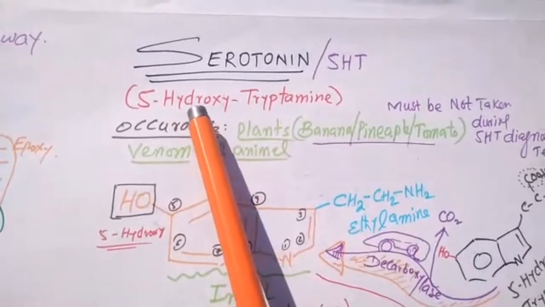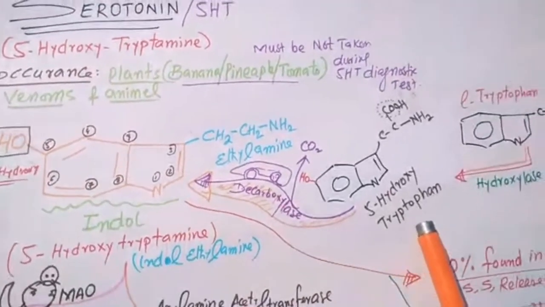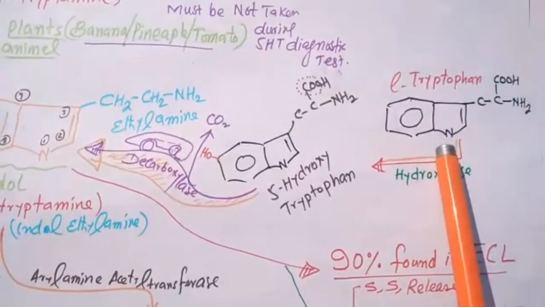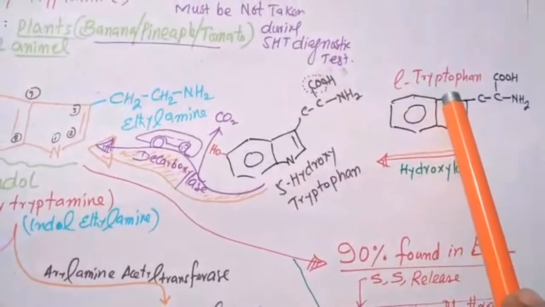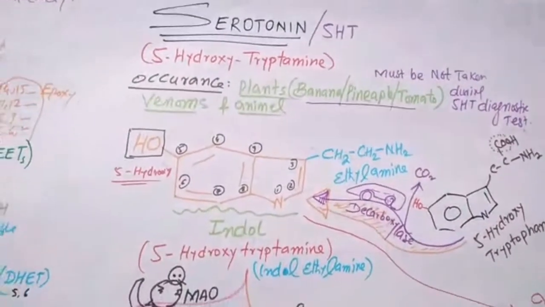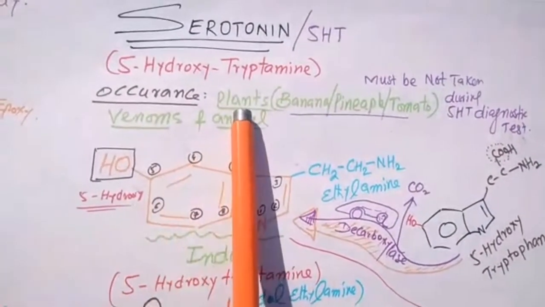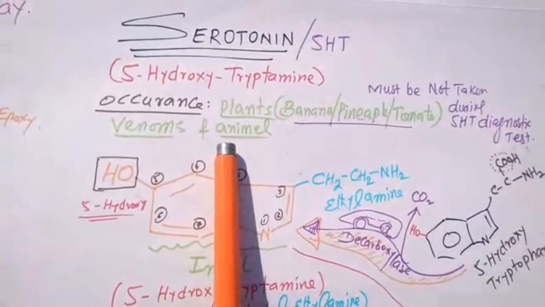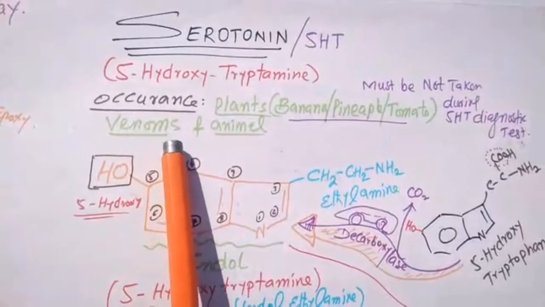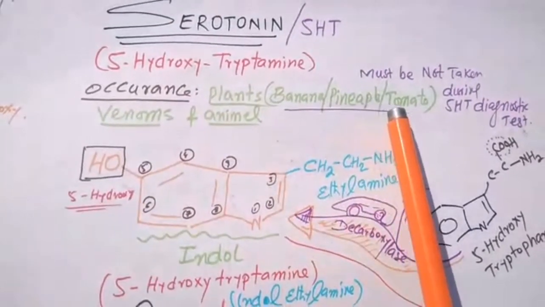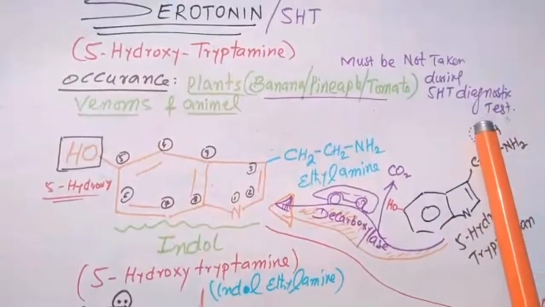It is a metabolite of 5-hydroxytryptophan, which is an amino acid, and of L-tryptophan. Serotonin is found in plants, especially banana, pineapple, and tomato, and in animals and venoms. These substances must be avoided during a 5-HT diagnostic test.